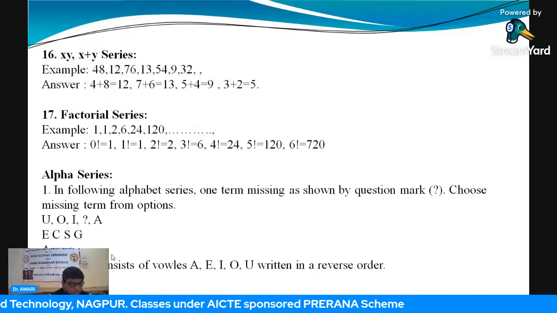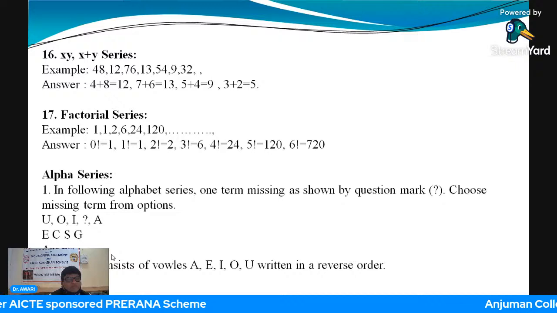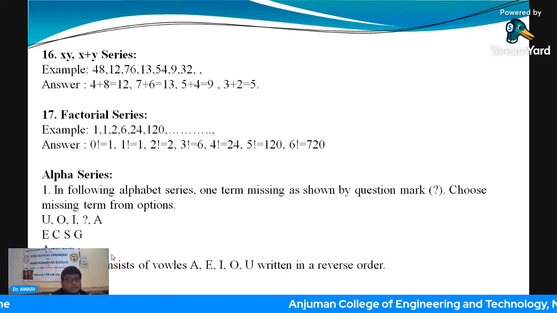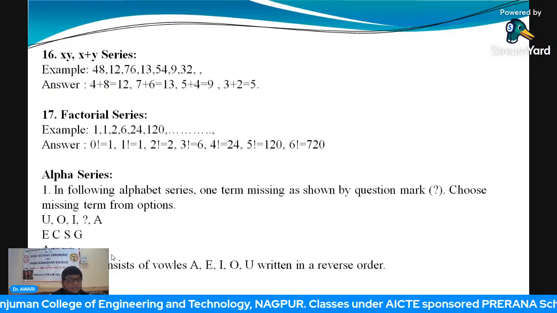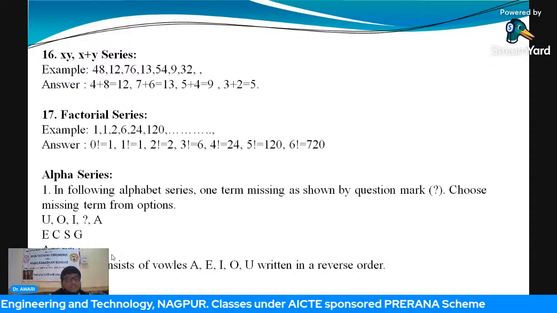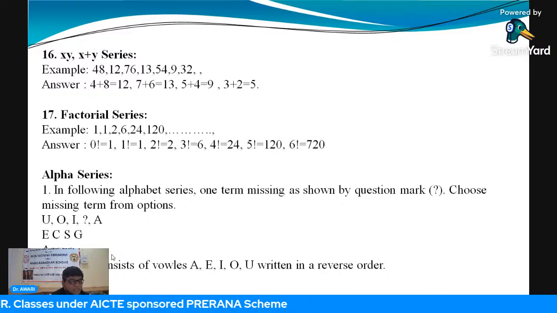Then the xy or the x plus y series. For example, 48, 12, 76, 13, 54, 9, and 32.